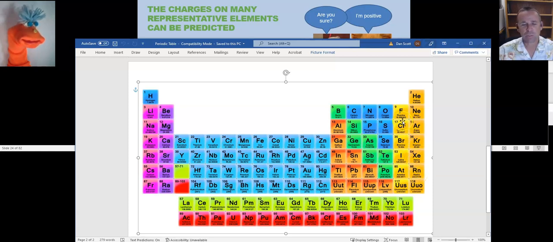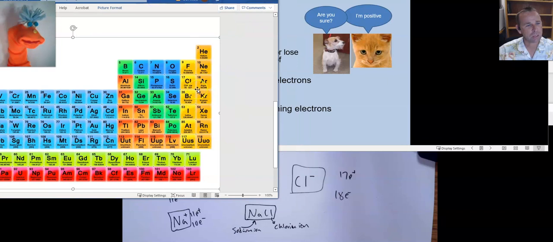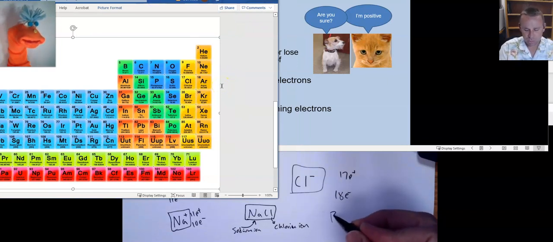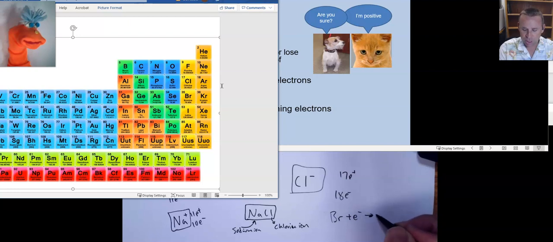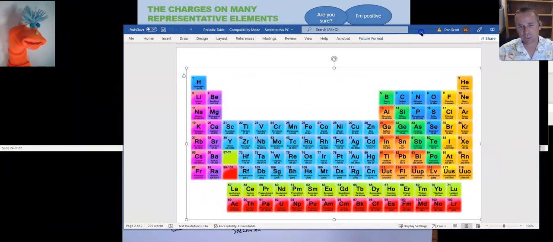So because of that, we can predict that an atom like bromine, one of our halogens, when it forms compounds, it's not surprising that it likes to gain an electron and create the bromide ion. Because it has 35, and it would like to have 36 electrons to attain a noble gas electron configuration. We can do that with all of these nonmetals here.